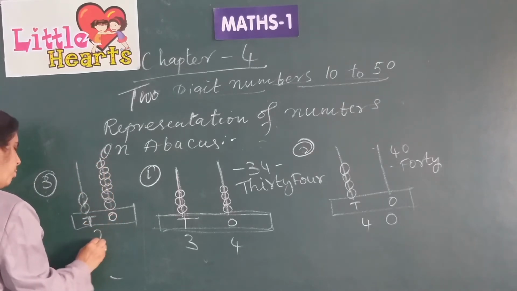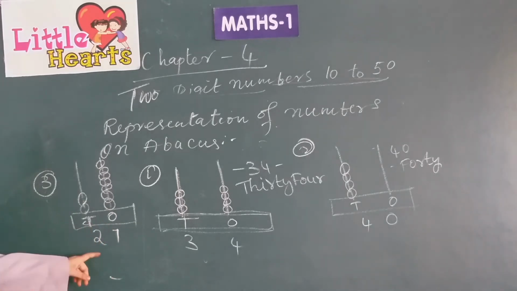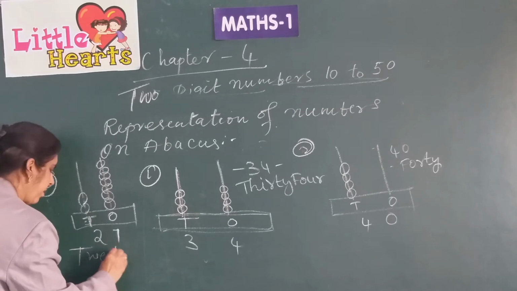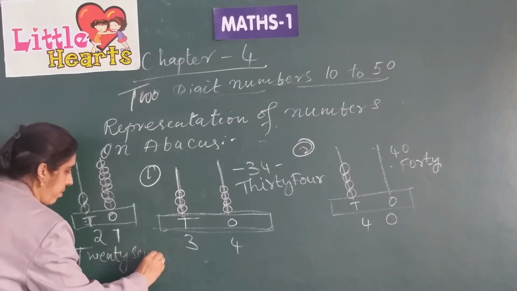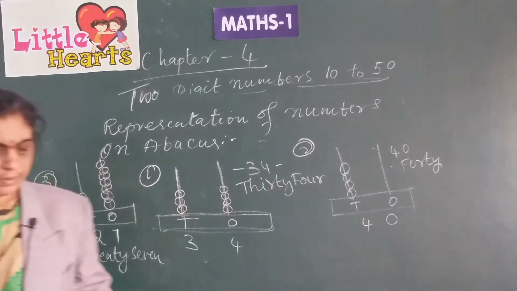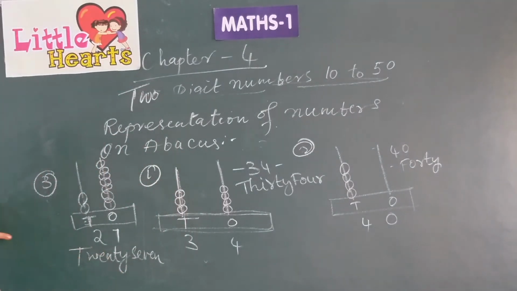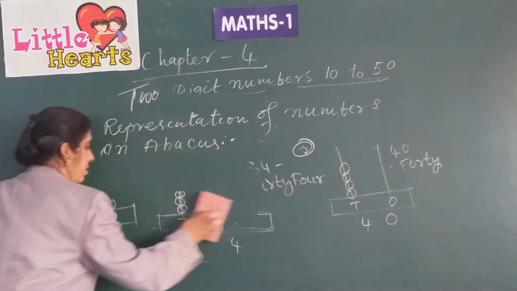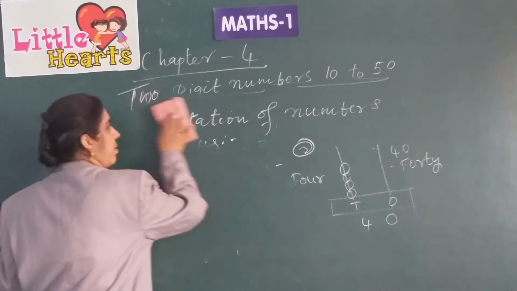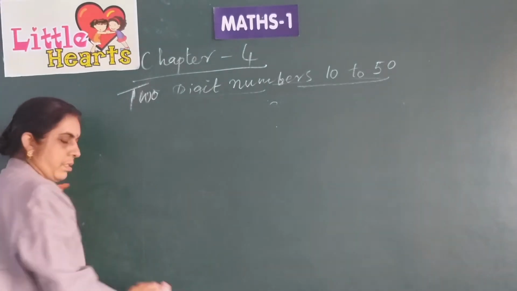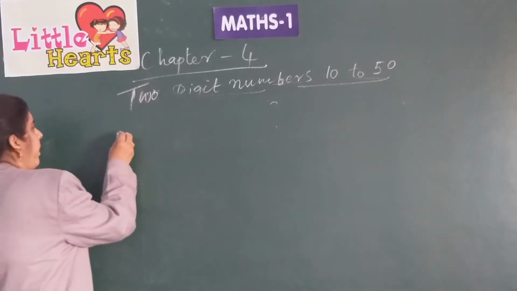Tens, ones, 2, 7. 27. We read it as 27. And number is given.